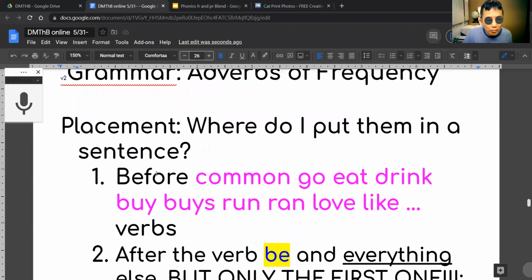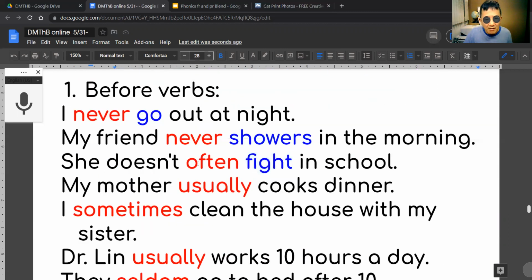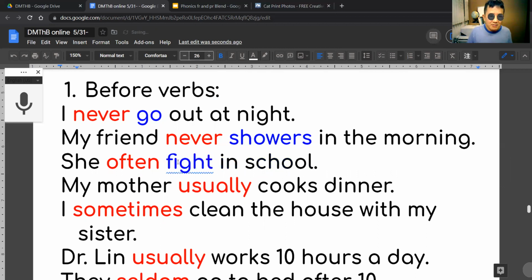So the rule, before the common verb, applies. The rule is not broken. Often still is right before the word fight, even if we add the negation. So we can add the negation, we can take it away.